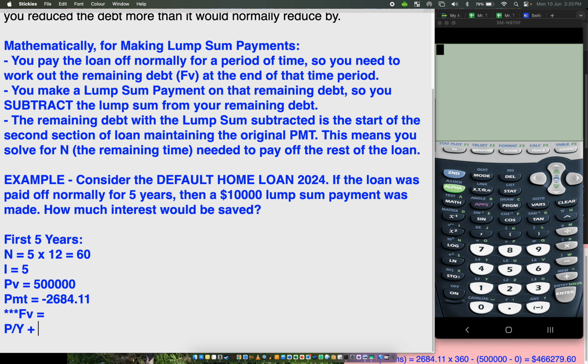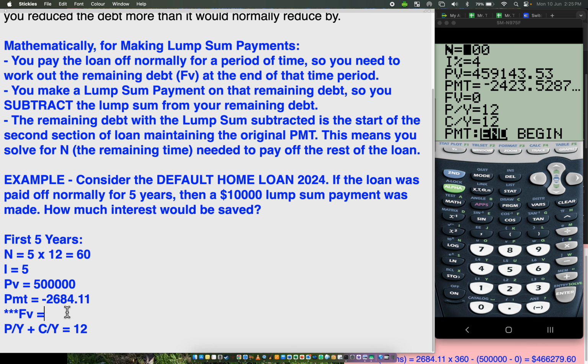PY and CY are both 12. Caps, Finance, TVM: 500,000, negative 2684.11, Alpha solve, negative 459,143.53 to 2 decimal places.